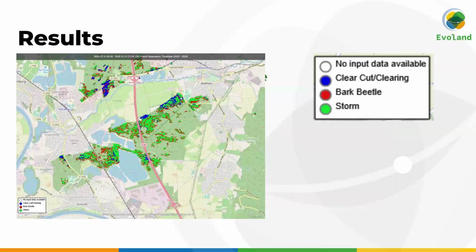To give you a bit of an idea what to expect at the end of the project, these are unfortunately still the results from the first cycle, because we are just wrapping up the second cycle, but one example from each of those domains of what we will share with you later.